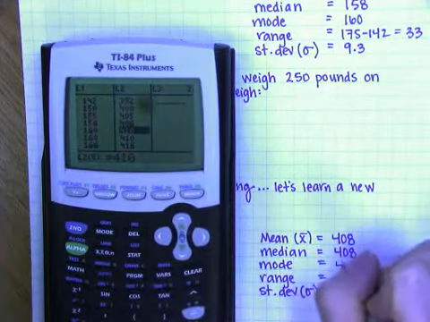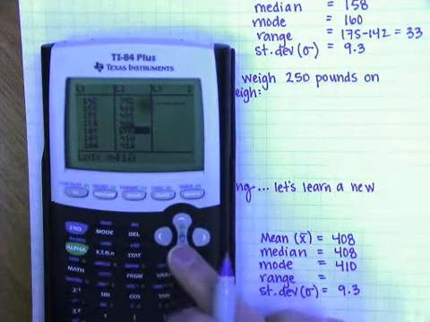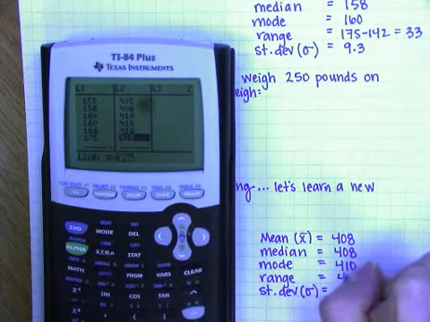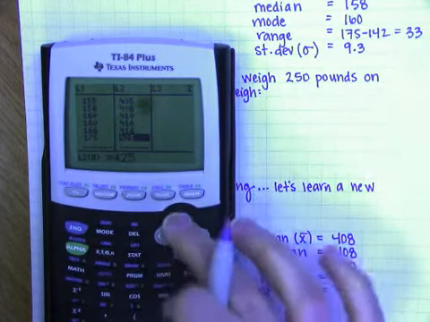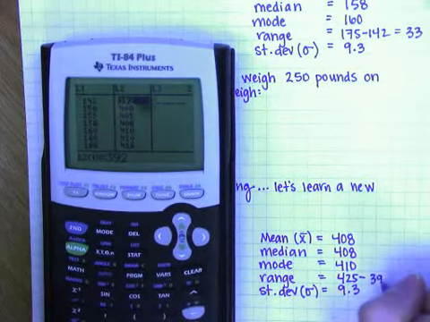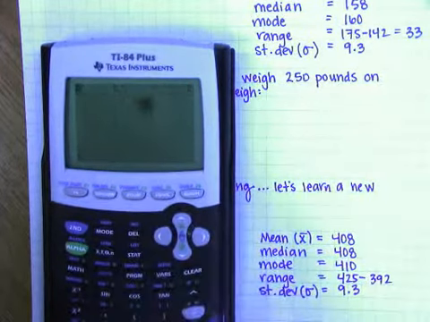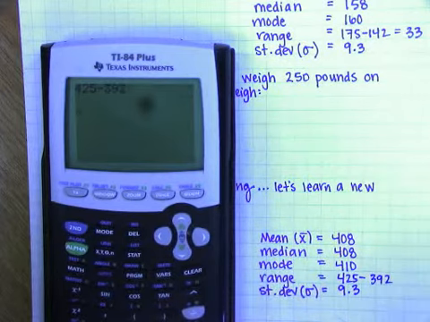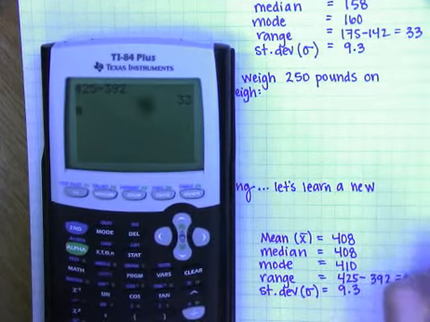My mode looks like it's 410 because 410 is repeated twice. And let's see, my biggest number is 425. And my smallest number is 392. So if I quit out of this, 425 minus 392 is 33.